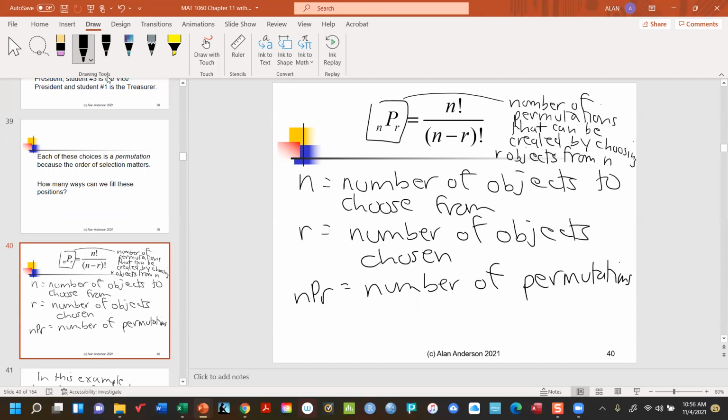Now, I think we discussed this last time, your calculator, your iPhone, does have this factorial operator on it somewhere. If you're not sure, let's go back and look at it for a second. Go to your calculator, flip it over.